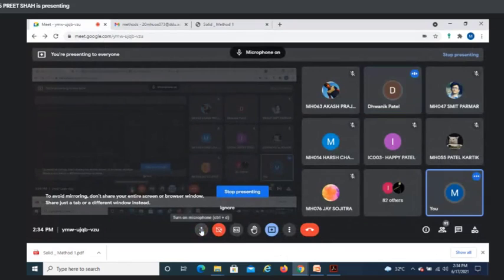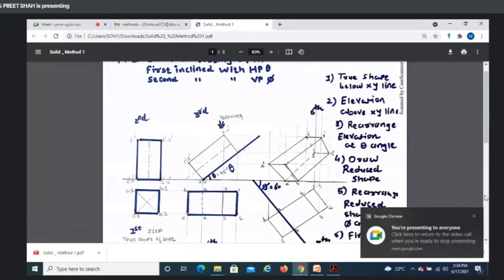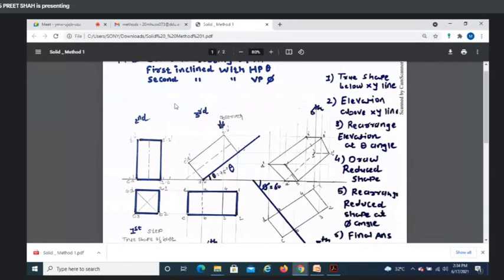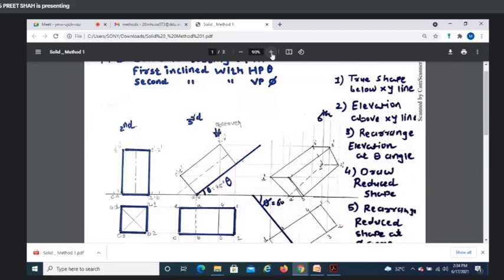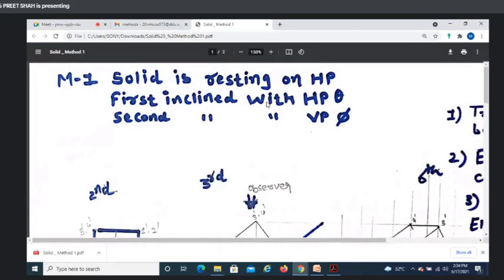So, will it be possible with this one? You just make it zoom, I can zoom it. No. Okay, yeah, good.